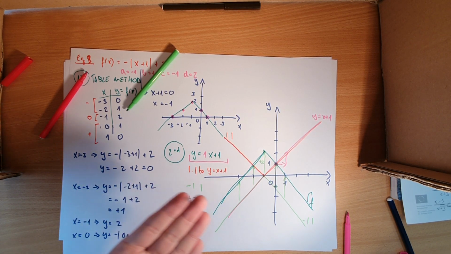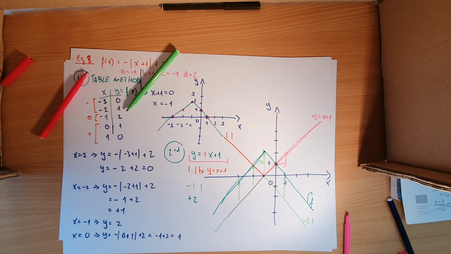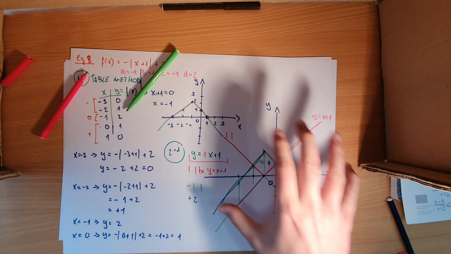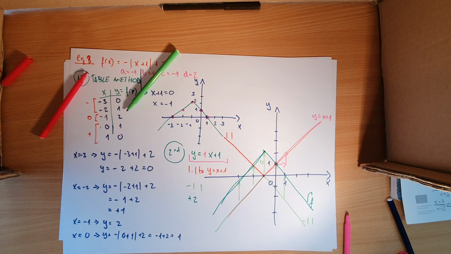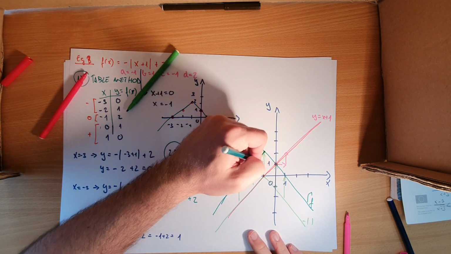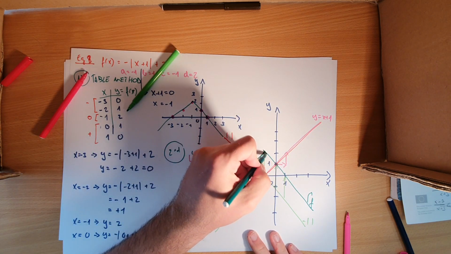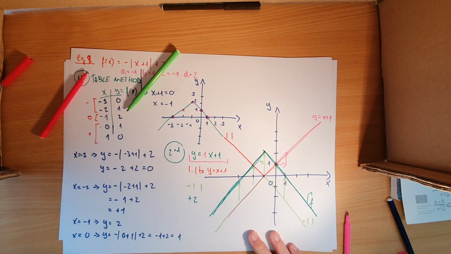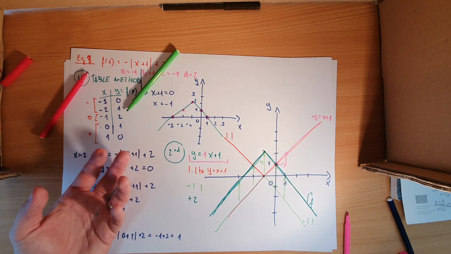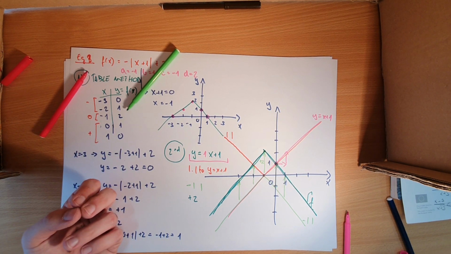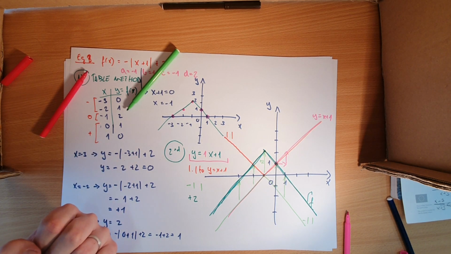Maybe. But it looks a bit crowded in the end. And you have to point out that this is the resulting function, the graph of the function. There you go. And this is how you draw the graph of absolute value functions.